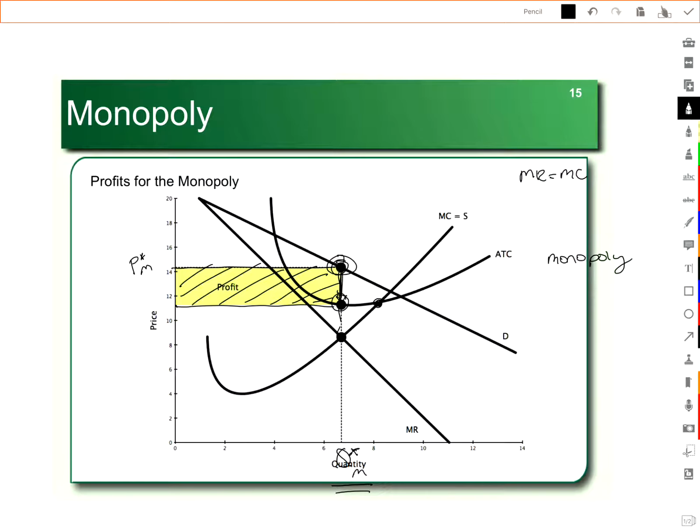Well, the perfectly competitive market was productively efficient. Where did we end up? Where was the price and the quantity in a perfectly competitive market?